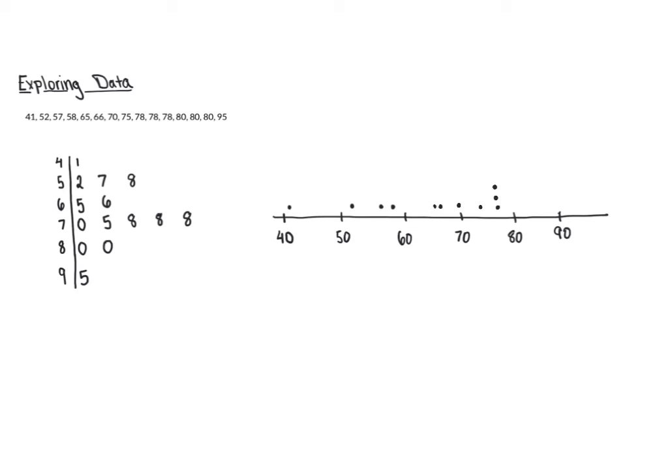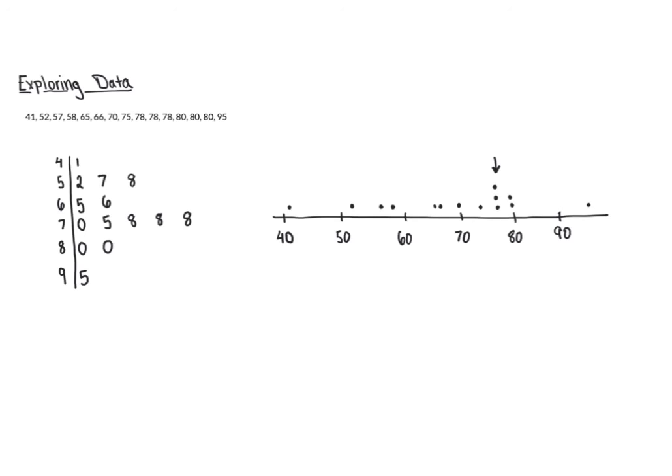So we see that we have 3 values at 78. For 80, we have 2 values, and finally for 95. Like the stem and leaf plot, the dot plot allows us to see the range and the spread of our data. We also again see that we have multiple values at 78, and in fact, that's our most common number in this spread of data.